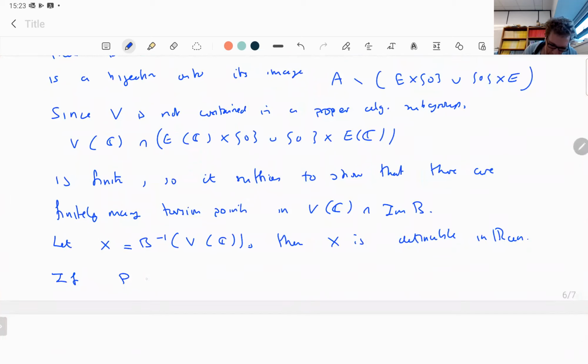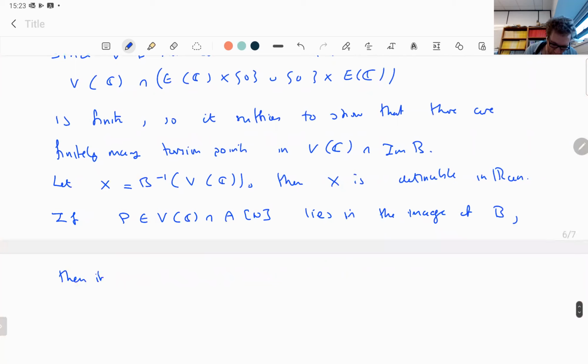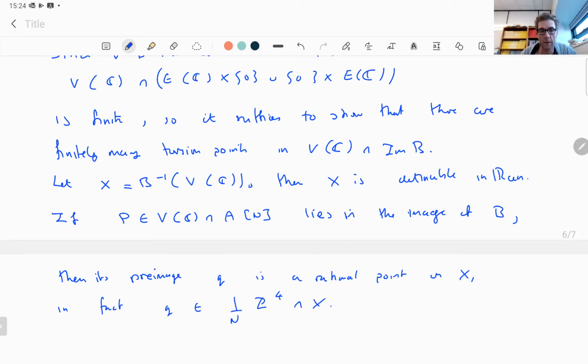So if P in V of C intersect A_N lies in the image of B, then its pre-image Q is a rational point on X. And in fact, Q lies in 1 over n times Z to the 4 intersect X. So its height is almost n.